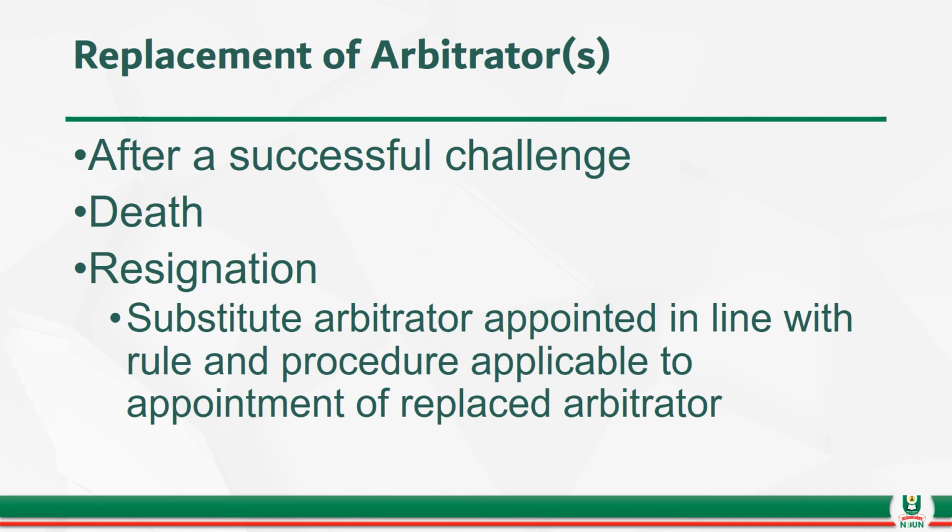Whatever the ground, it is important that the steps for replacement follow the steps agreed by the parties. Replacement of course means that a substitute arbitrator will be appointed to take the place of the arbitrator that has either been validly challenged or has passed on.